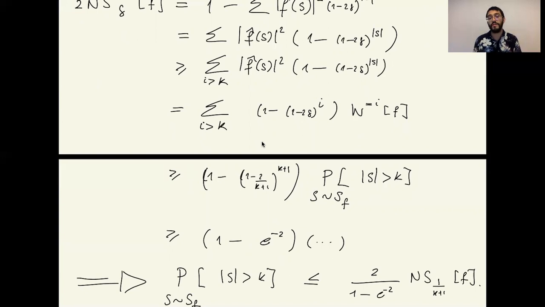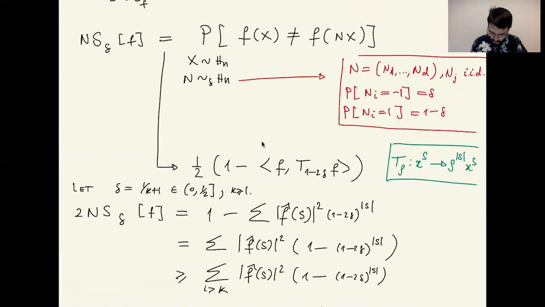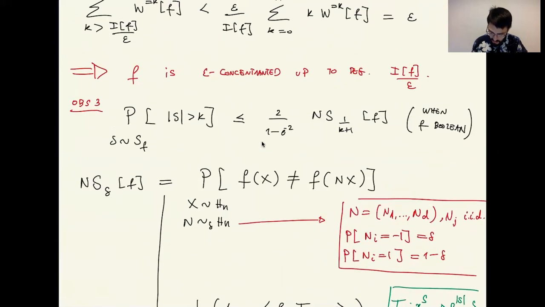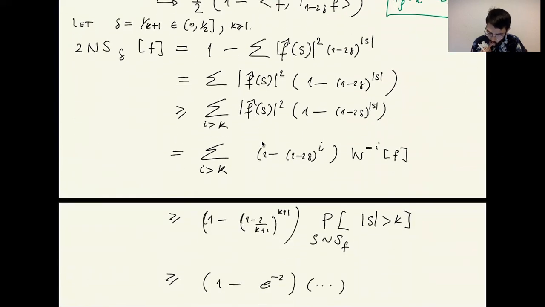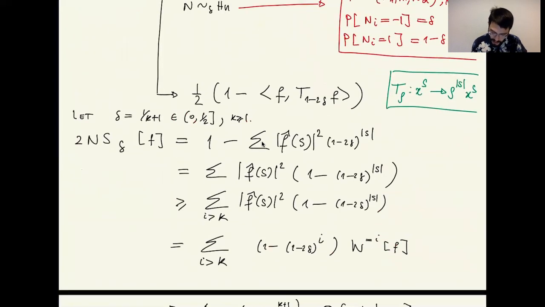So noise stability is another way of controlling the concentration of the spectra of your function. Okay, so we should indeed show this inequality, and we had to use that F was Boolean.